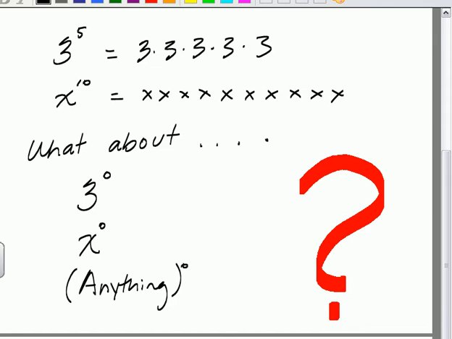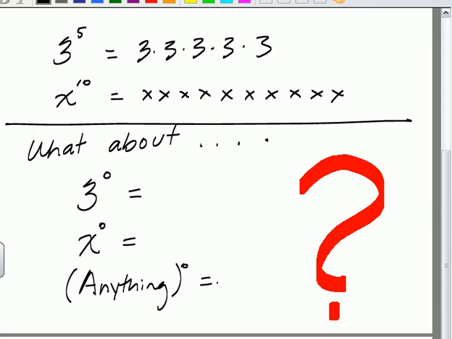Okay, what we're going to take a look at in this first part is, what about when we have 3 to the 0 power? How do you take 3 times itself 0 times? How do you take x times itself 0 times? How do you take anything to the 0 power? When I ask students to guess what all of these answers are, they usually guess 0, 0, 0.